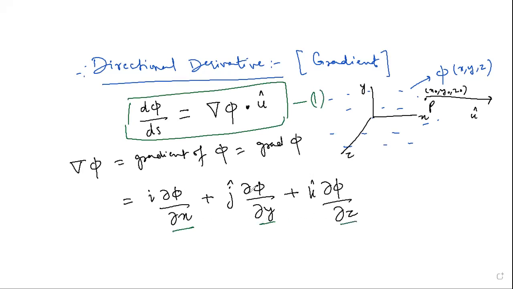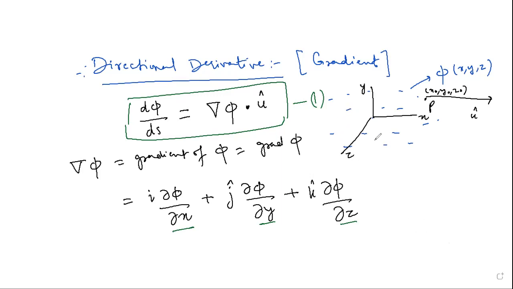This is its x component, dou phi by dou y its y component, dou phi by dou z is its z component. So its components are partial derivatives. Now we want to give a geometrical interpretation to gradient of phi.